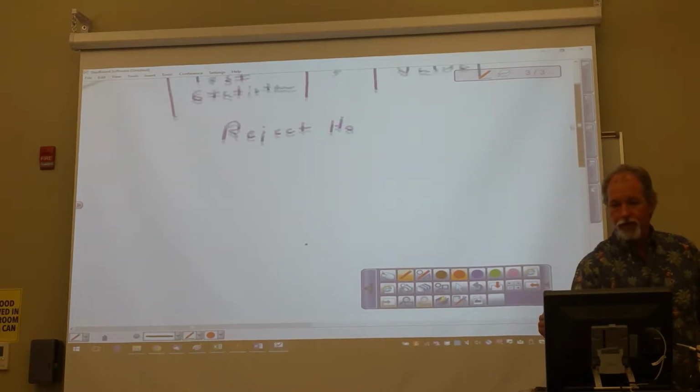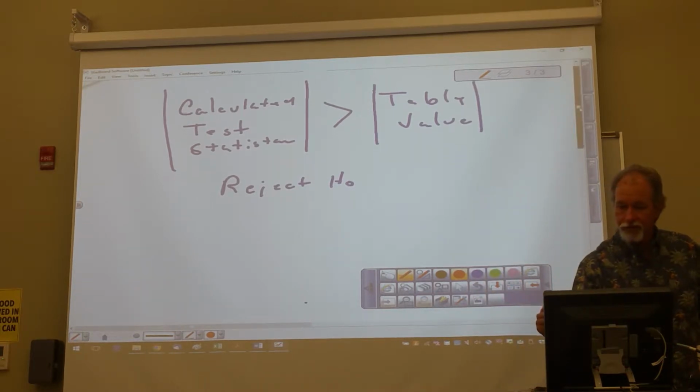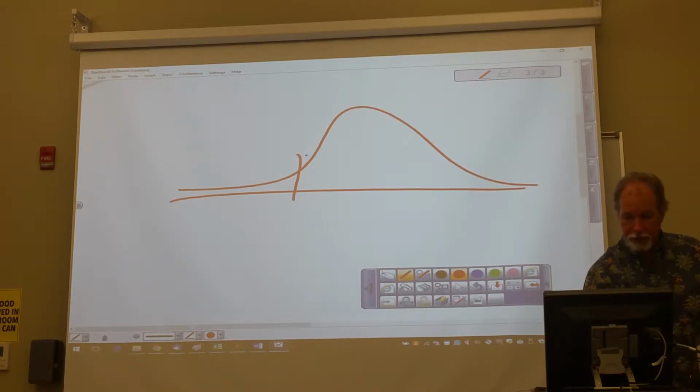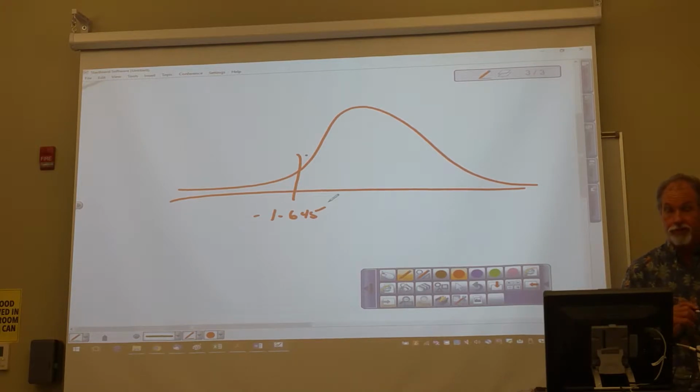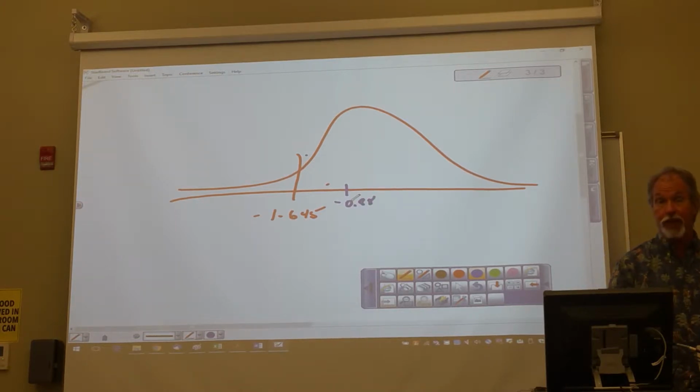Okay. It's a calculated test statistic. Here's my table value, negative 1.645. Okay? So if it's there, my calculated value was here, negative 0.88. So it's not in the tail, so I cannot reject the null hypothesis.